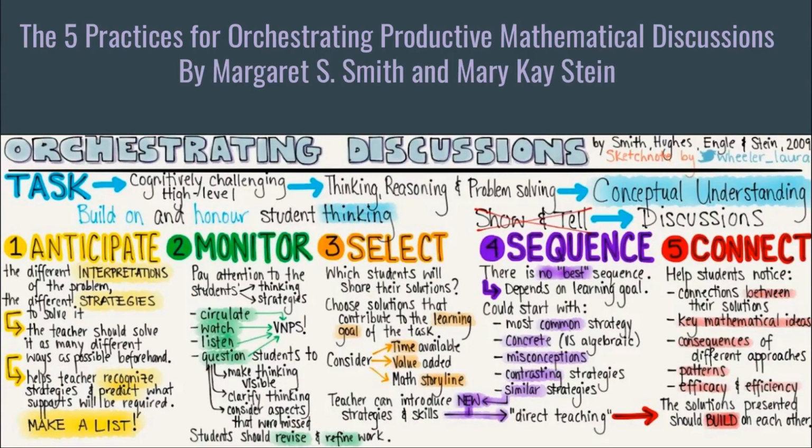And then as students are working, monitoring, talking to them, circulating, watching, questioning, and then actually selecting student work that you want to use as part of your classroom discussion. And then thinking about how you want to sequence that work. Not necessarily in order of a least developed mathematical idea to a most developed mathematical idea, but what story do you want to tell with student work that we share with the class to lead a conversation?